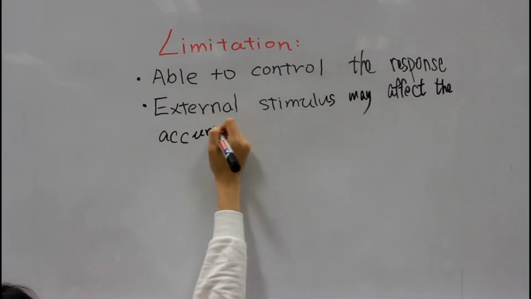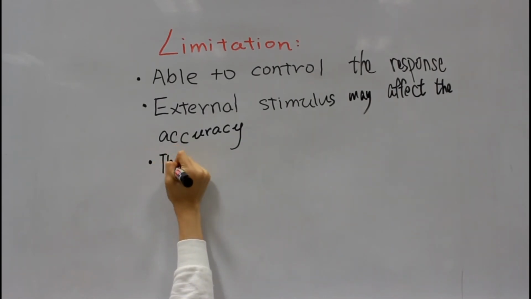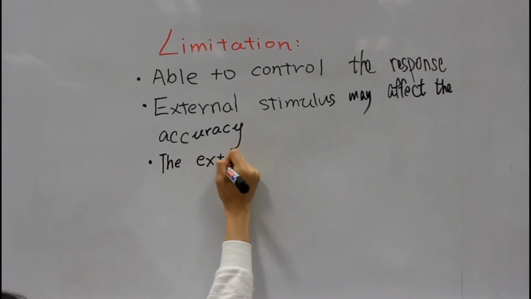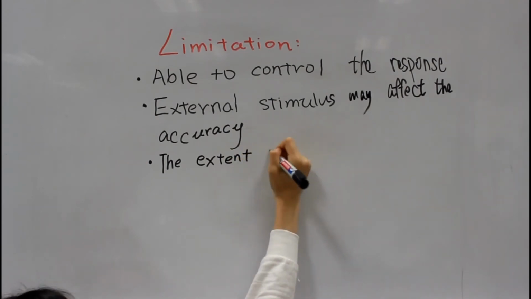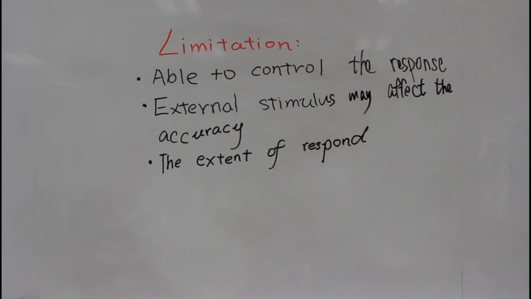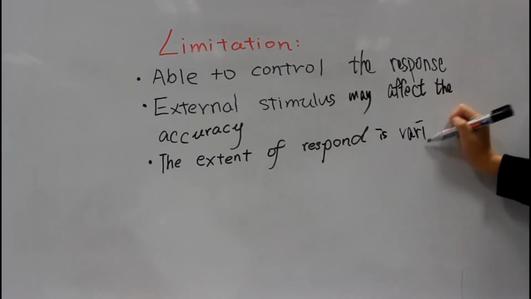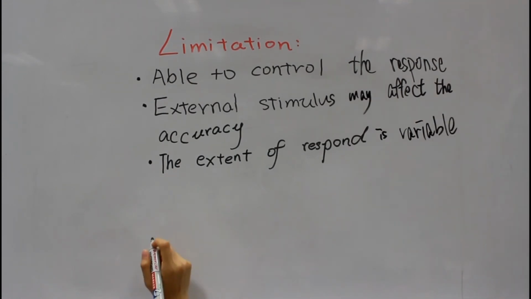Furthermore, the extent of the response varies between people, since the emotional change driven by tasks in the test may be different for different people. Therefore, the result would vary among people.